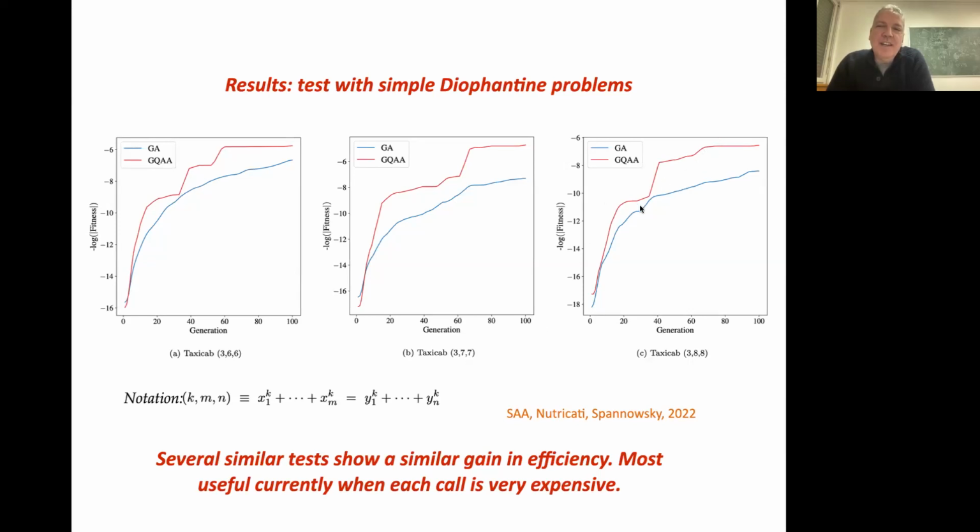And you see that if I compare the genetic algorithm to the genetic quantum annealing, the genetic quantum annealing is improving its fitness much more rapidly than a classical genetic algorithm.